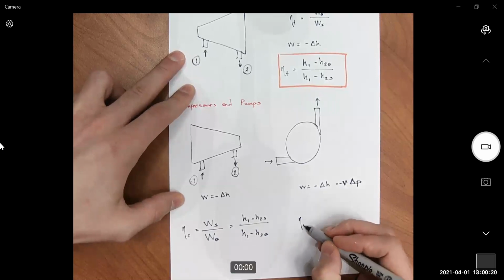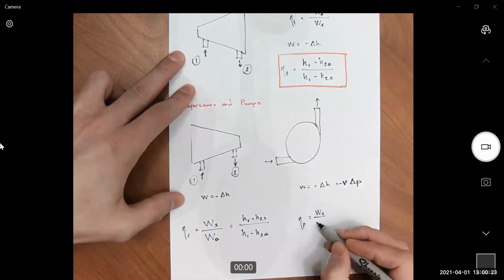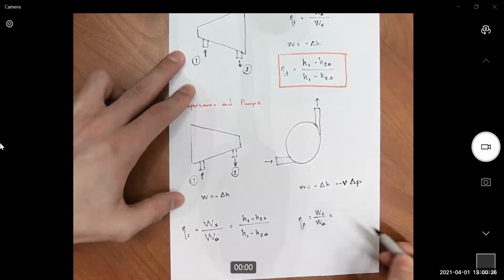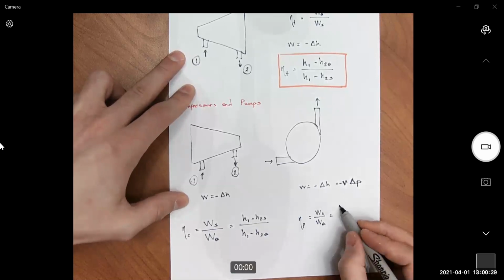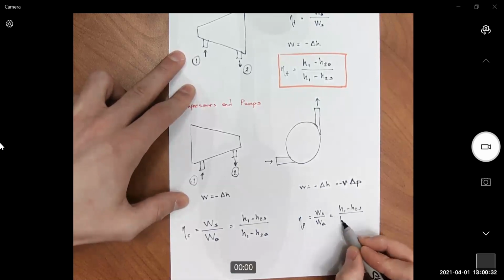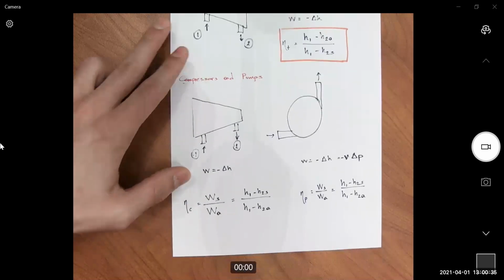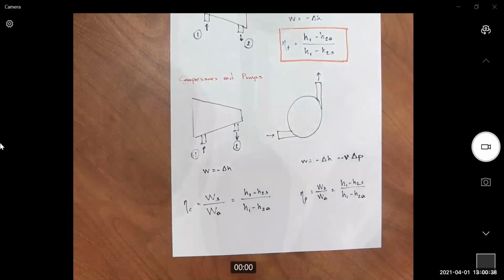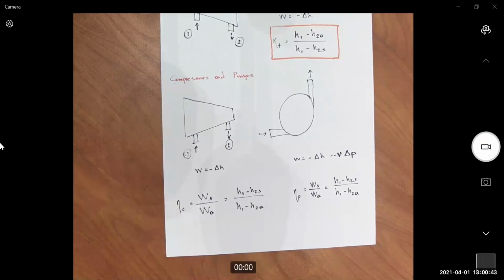And for a pump, adiabatic efficiency is also ideal work over adiabatic work: H1 minus H2S divided by H1 minus H2A. Any questions on this? Okay.